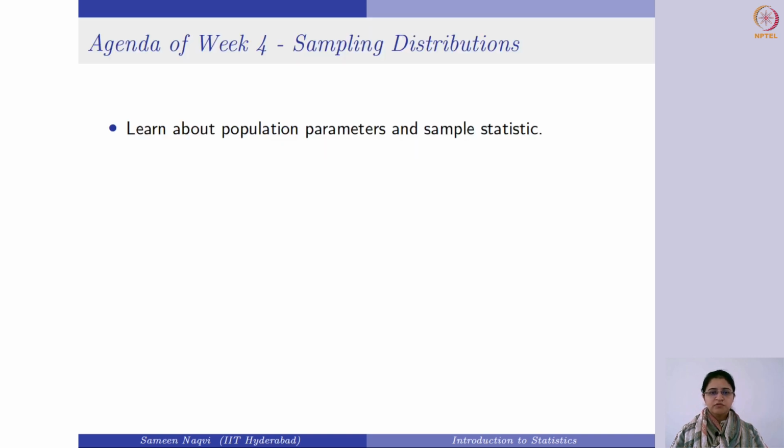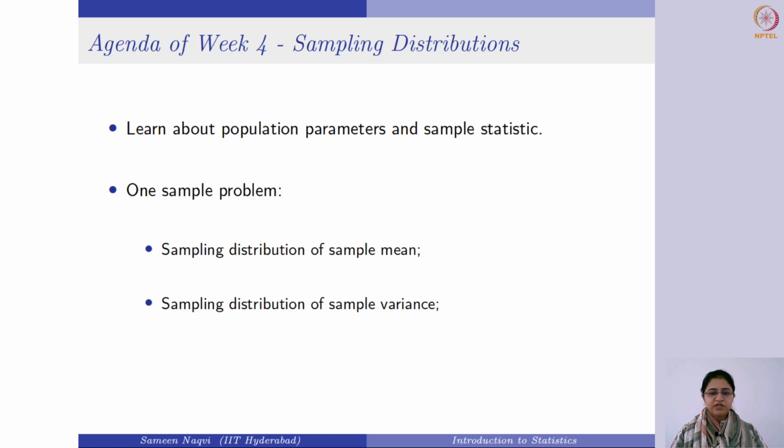So first of all, we are going to learn about some important terms, which include population parameters and sample statistic. Then we will consider a situation where we will be drawing a single sample from a population, and then based on the sample statistic, we would be finding out the sampling distribution of the sample mean, sample variance and sample proportion.